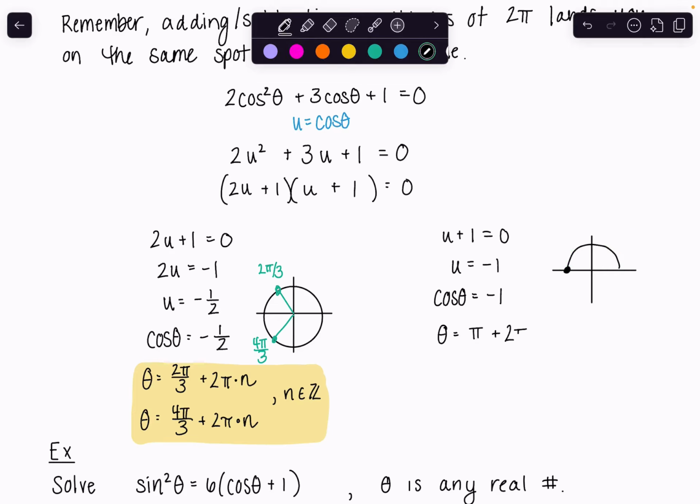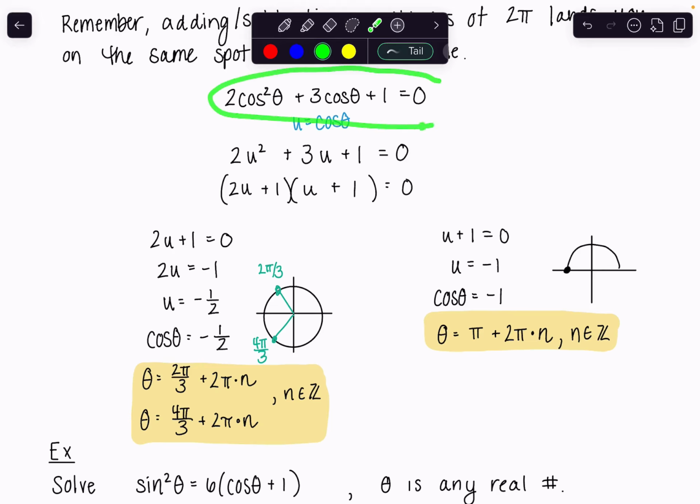So I add that multiple of 2 pi. So this n is an integer. So that represents every single possible solution for this equation. Because again, there is an infinite number of places where cosine of theta is -1. There is an infinite number of places where cosine of theta is -1/2. And they will all solve this original equation.